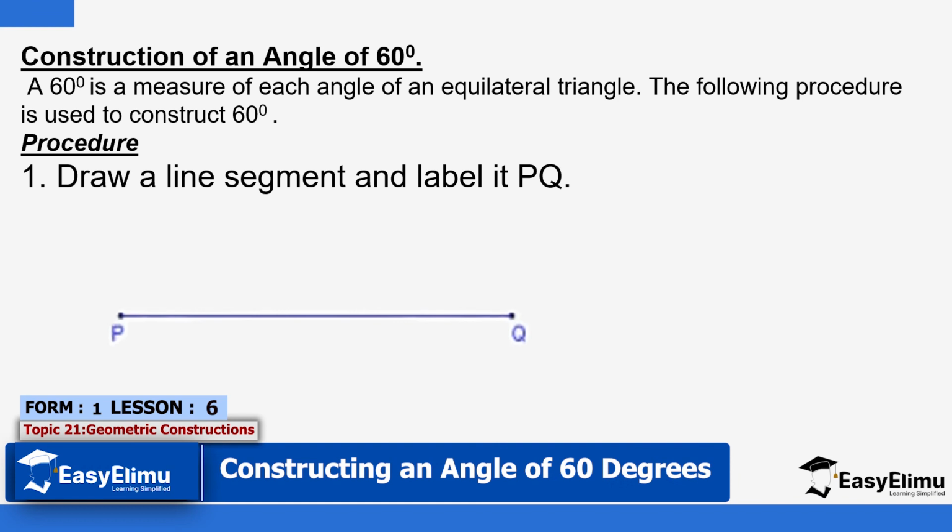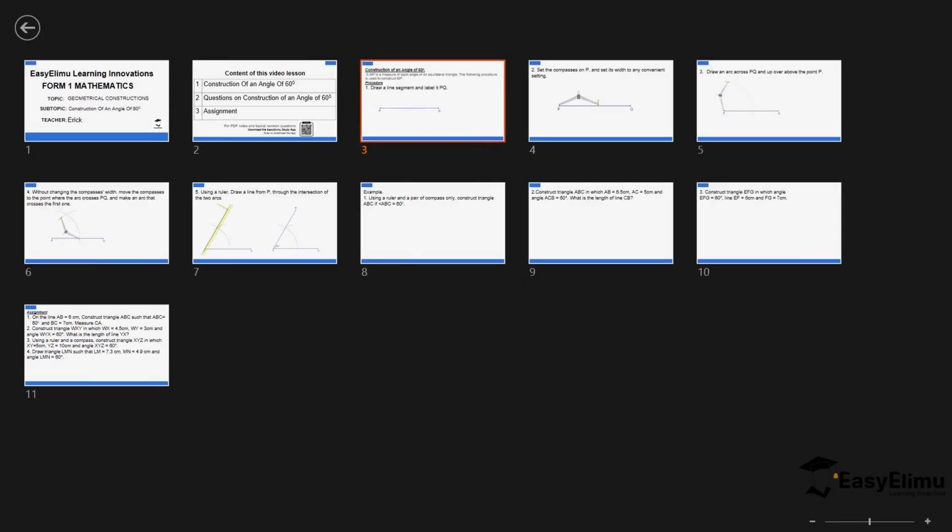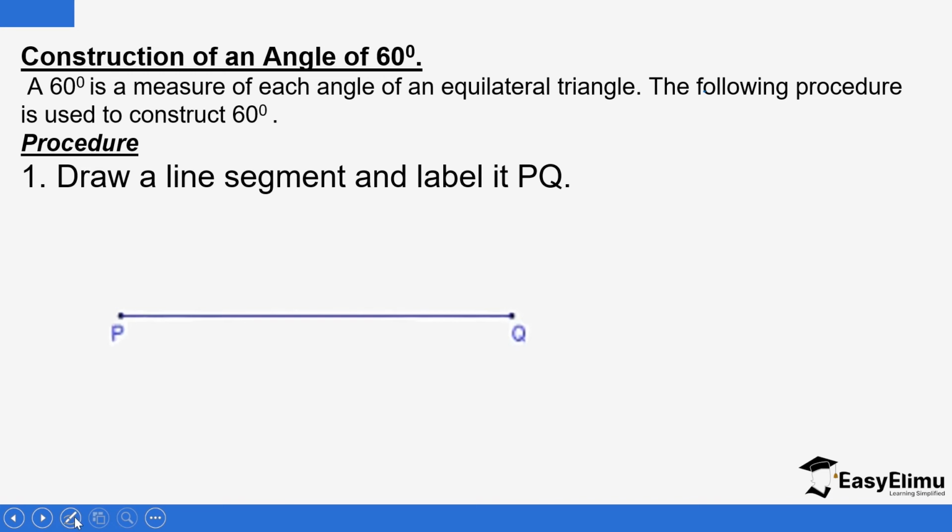So a 60-degree angle is a measure of each angle of an equilateral triangle. If you have an equilateral triangle, each of the interior angles is supposed to be 60 degrees. So that is one special thing about this angle, 60 degrees.